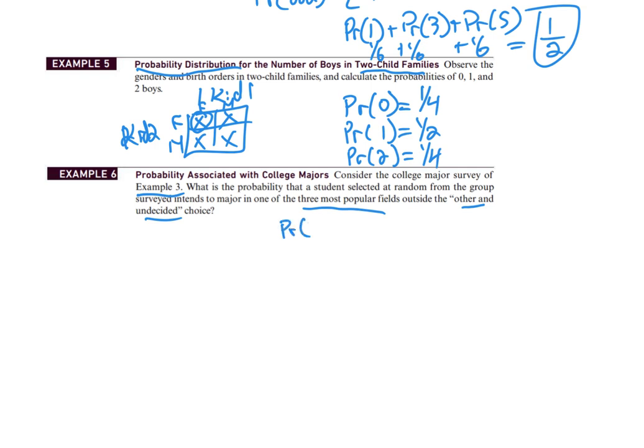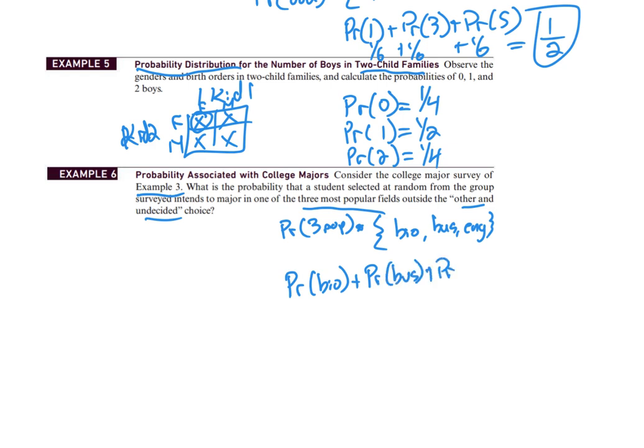So we take the probability of biological sciences plus the probability of business plus the probability of engineering.